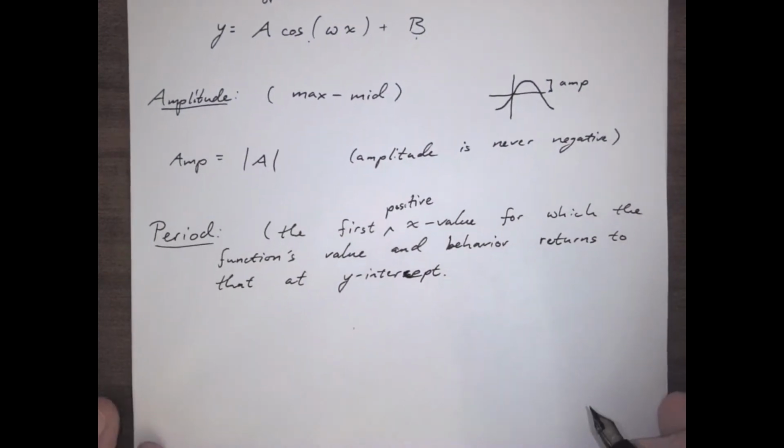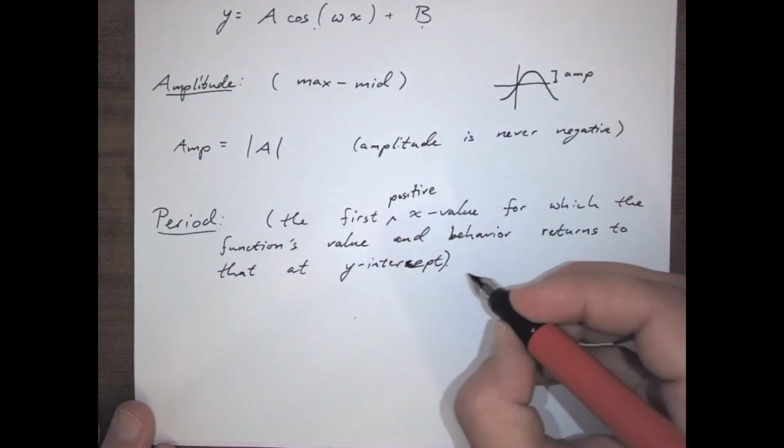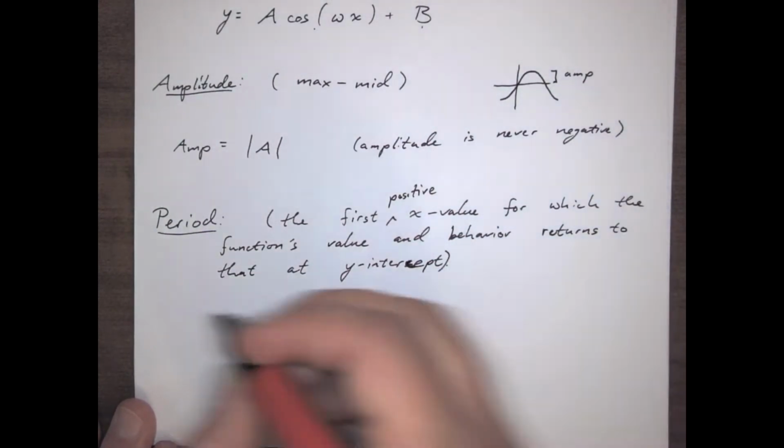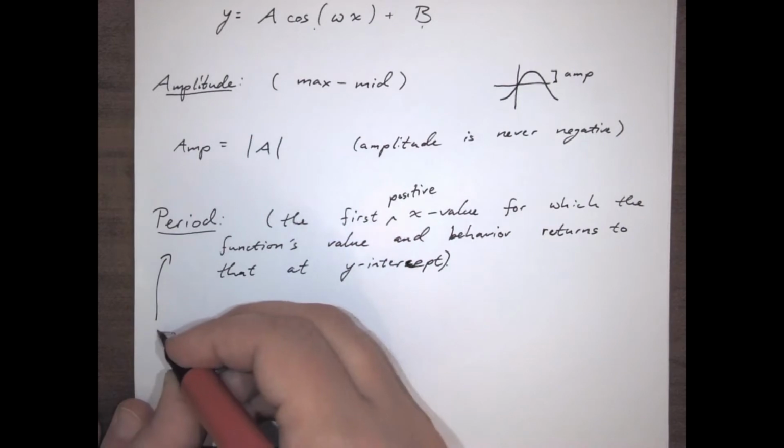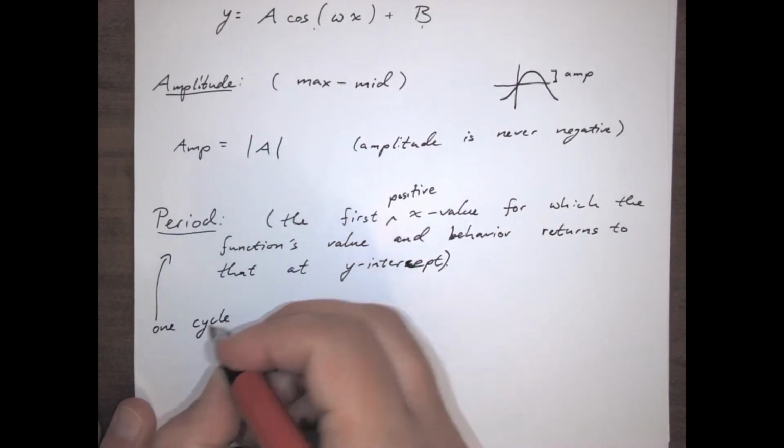So this is how long it takes for it to complete one full cycle. So this means, in other words, one full cycle. One cycle.